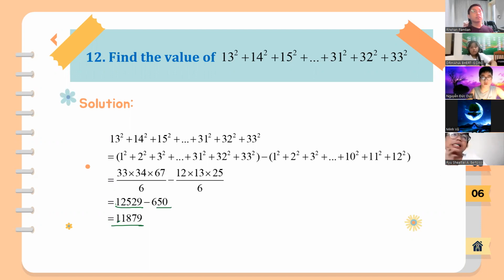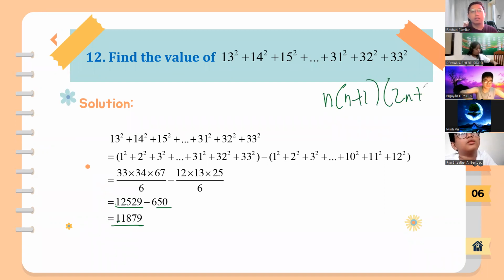Yes. In this way we're using the rule n times n plus 1 times 2n plus 1.